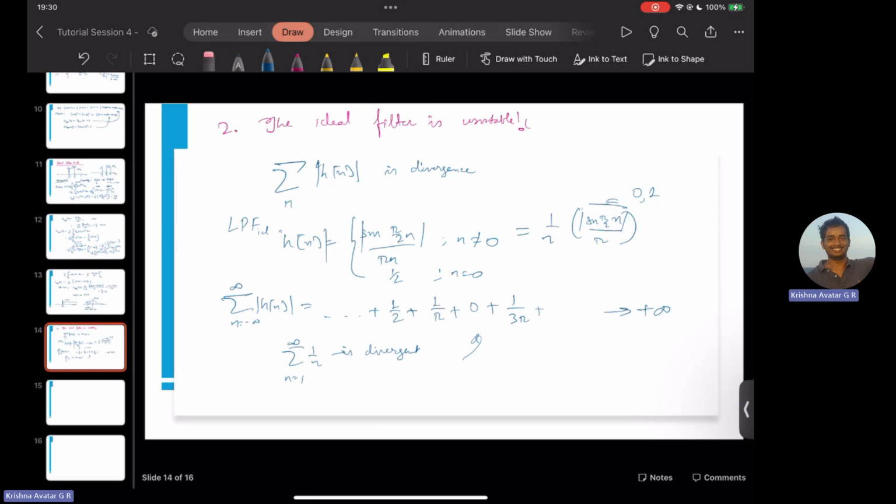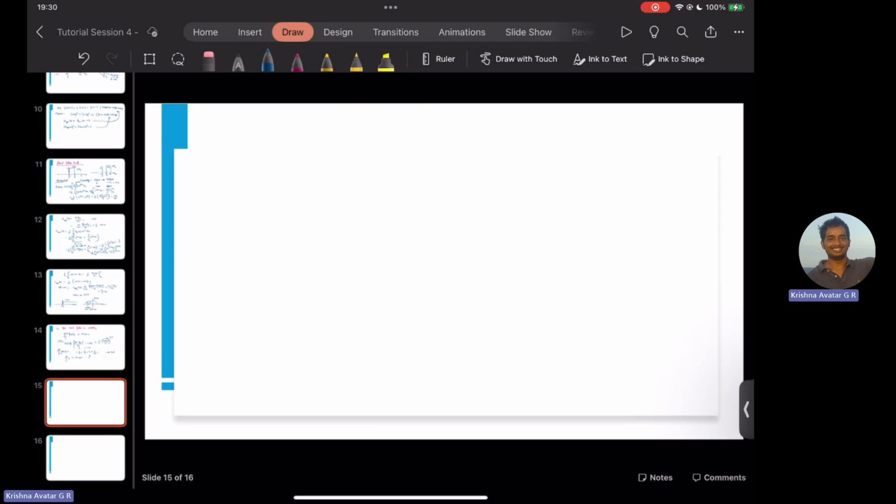Right? And the third property was about rationality.